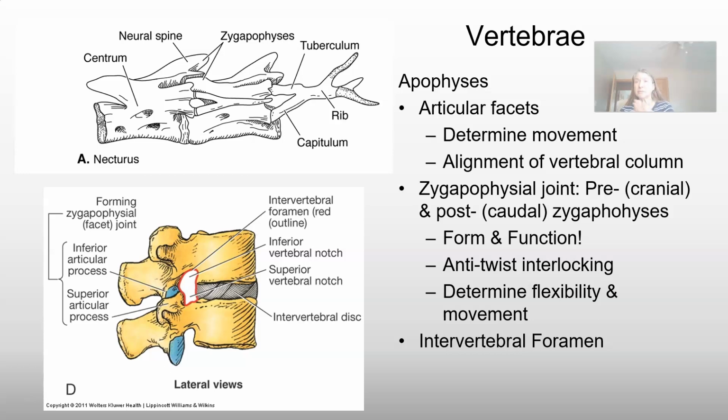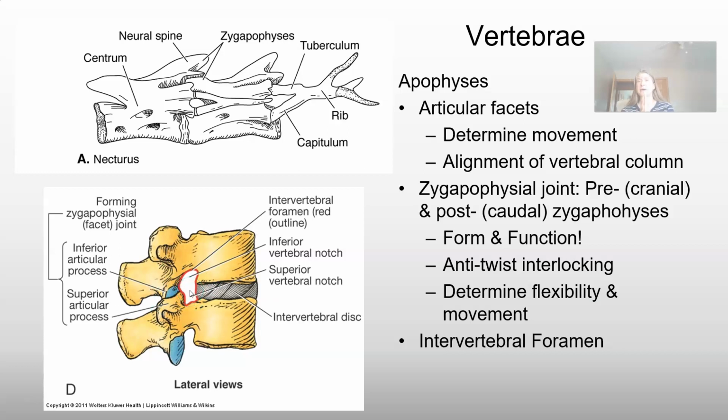And there's going to be different regions of the vertebrae that have specialization in different shapes that allow function and movement in those. Again, the zygapophyseal joint, there's pre and post, or cranial and caudal zygapophyses. Here again, this is on the human. Here we have the intervertebral foramen.